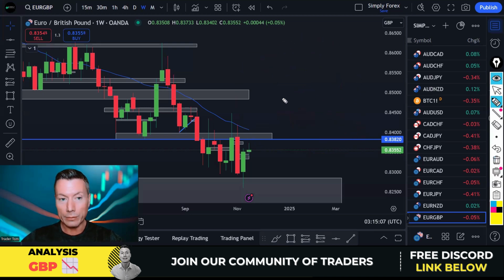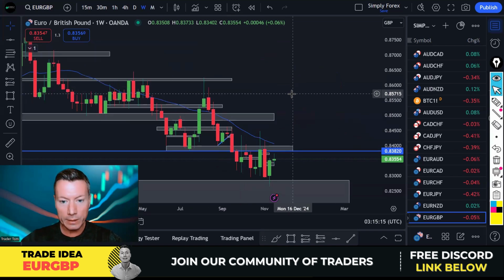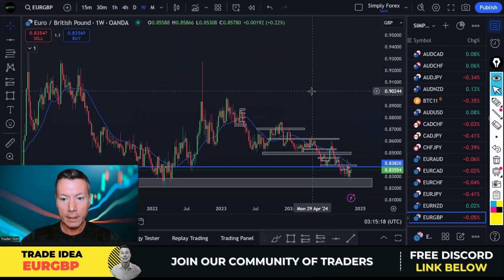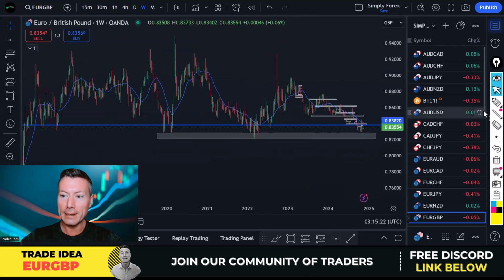All right, so that's the catalyst for our trades. Let's start with pound. And our first trade idea is to buy euro pound, right? Because of pound weakness, right? Makes sense. And if we start with the weekly chart, if I really zoom out, you can see there is this area of support running through here, right? It's a big level of support going back to 2020.